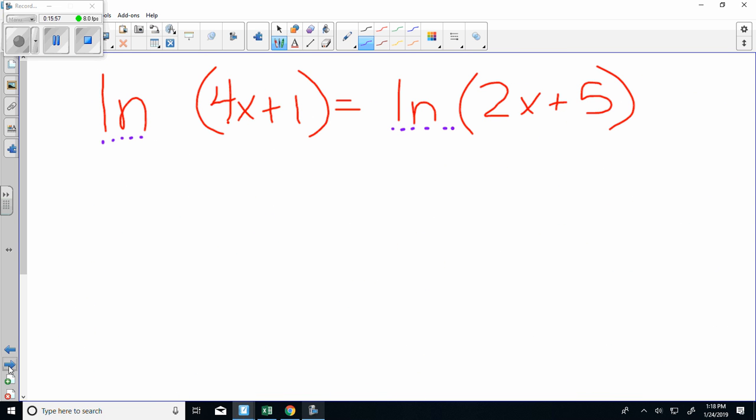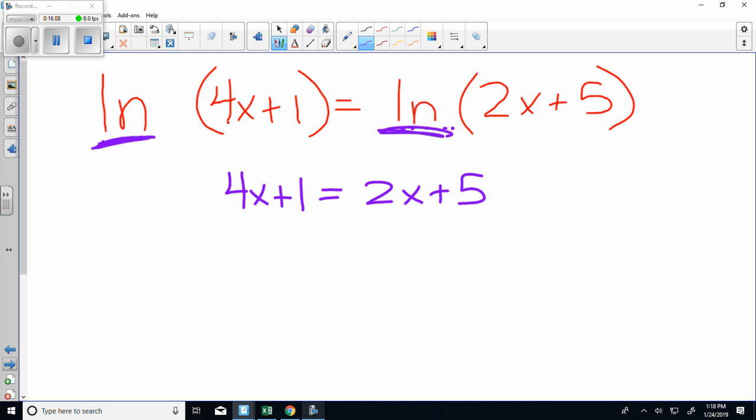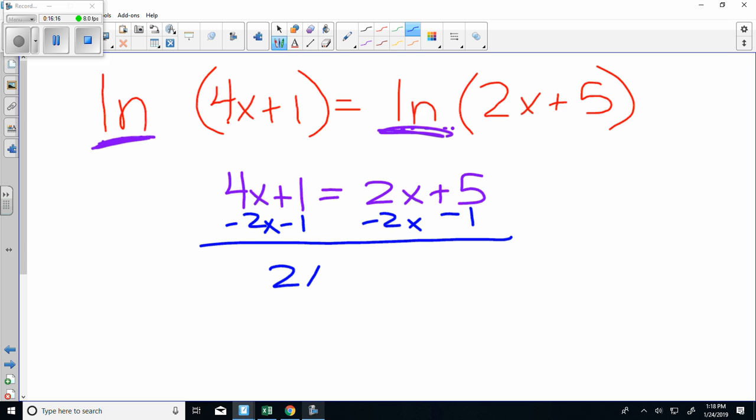Well, with this, those are the same, so that means 4x plus 1 equals 2x plus 5. And then you just solve this. So subtract 2x, subtract 1, and 2x equals 4. And then divide by 2, and x is equal to 2.